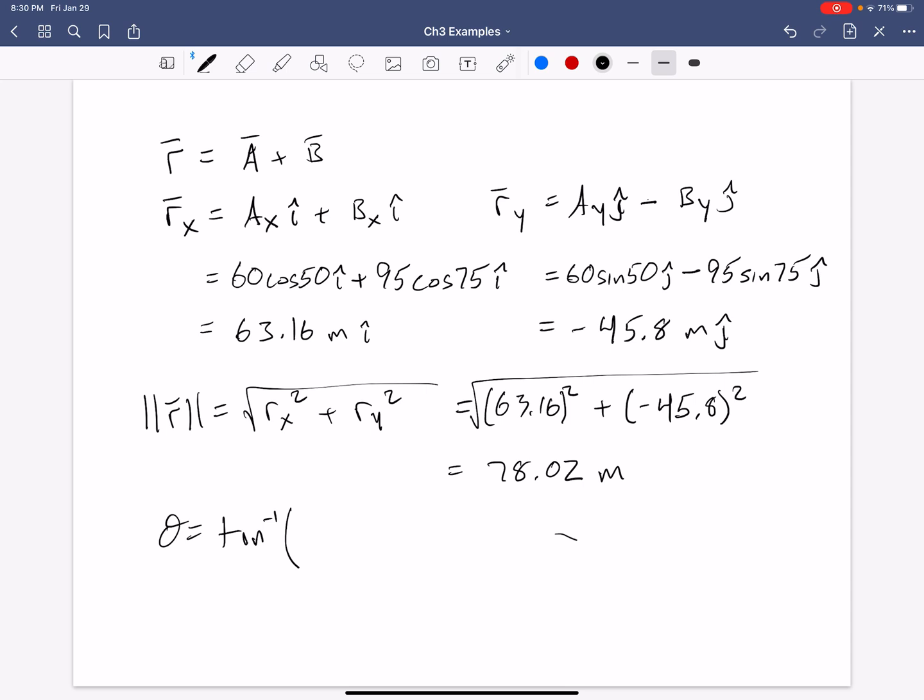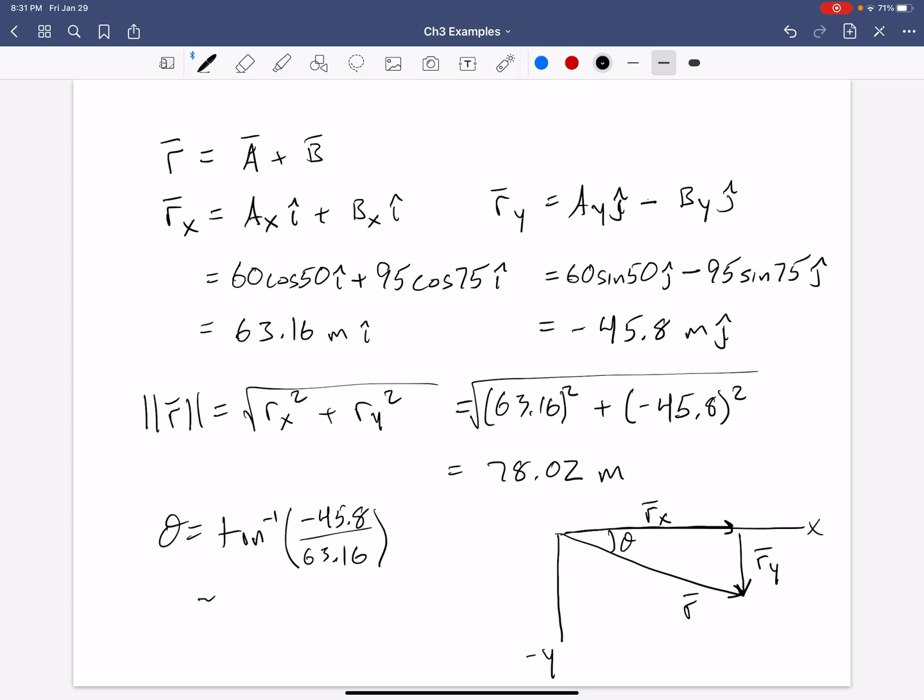Our resultant, that's the negative y direction. That's R. If this is the angle, this was our Ry, and this here was our Rx vector. So the opposite to theta is Ry, and that goes on top. So negative 45 divided by the adjacent, which was Rx, 63.16.